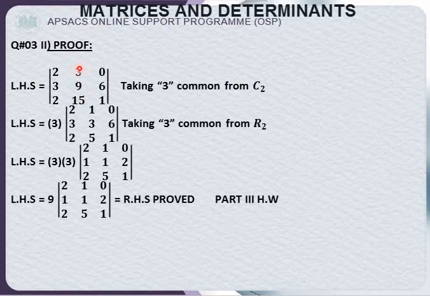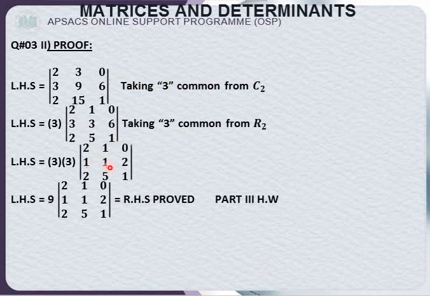You can see that in column number 2, that is 3, 9, 15, can I take the common 3 from here? Obviously I can. If I take the common 3, what is remaining in column number 2? 1, 3, 5. Now again you can see that row number 2 also has a common factor, because we can take the common from columns and rows.